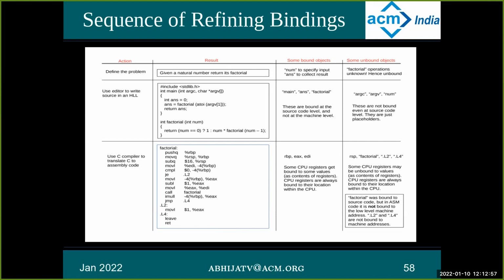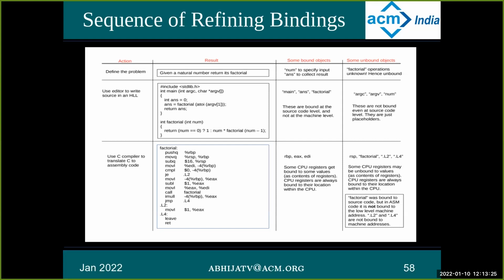But wait, what is it that we are learning here? We are seeing that as we proceed in the tool chain, we are identifying more objects that we need to create and bind, and that detailing is proceeding one after the other. At every level the detail is added, extra bindings are created. We try to understand what is not bound.